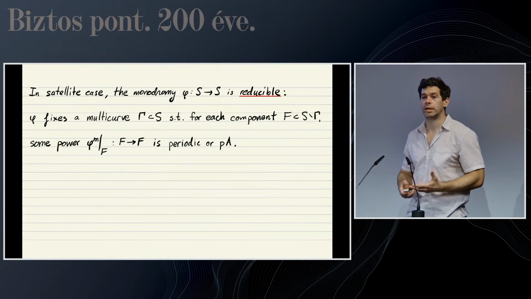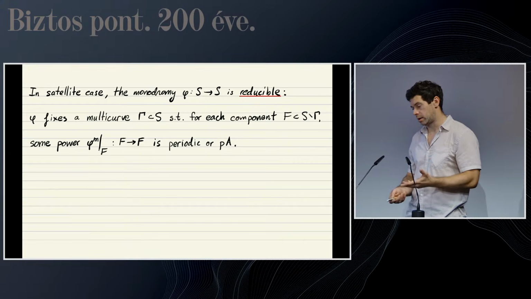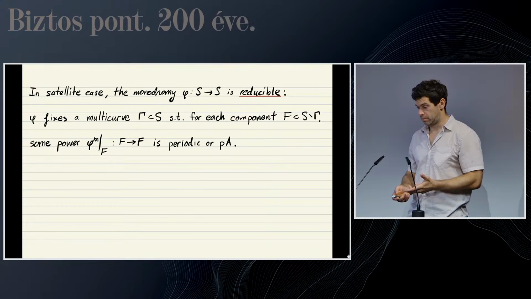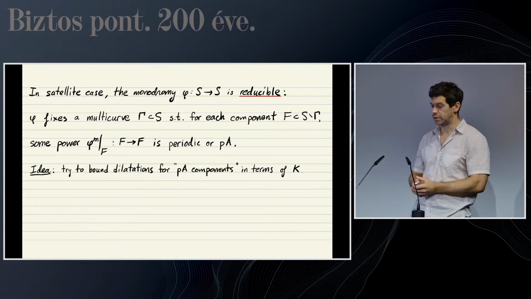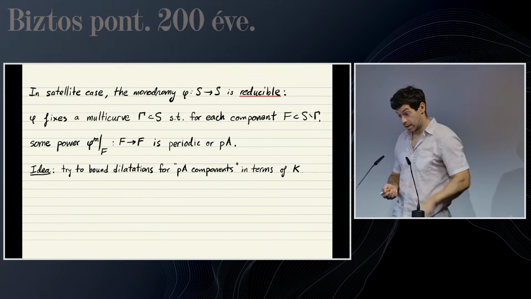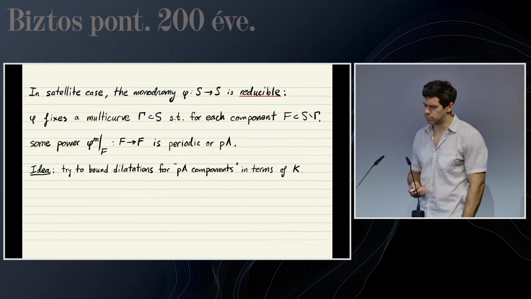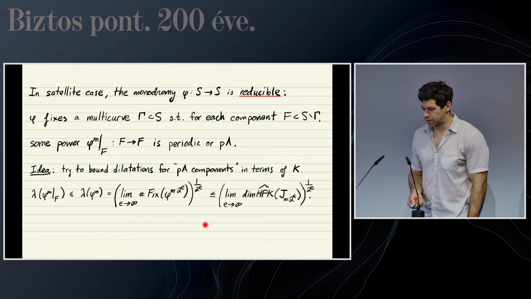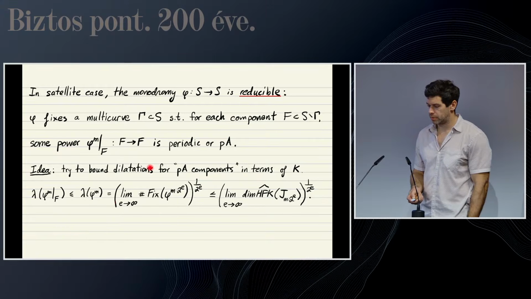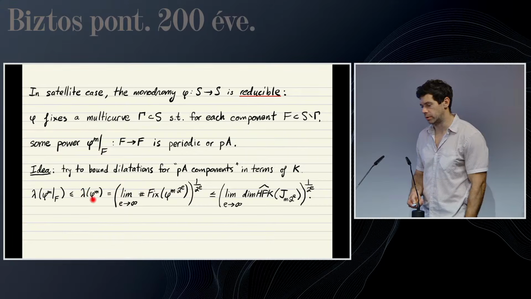So that was one idea, to try to constrain the dilatations on the pseudo-Anosov components in terms of K. And the naive thing to do, ooh, this is ugly, but, well, so the dilatation of this map, it's less than or equal to the dilatation of the full map, which makes sense, even though this is reducible.